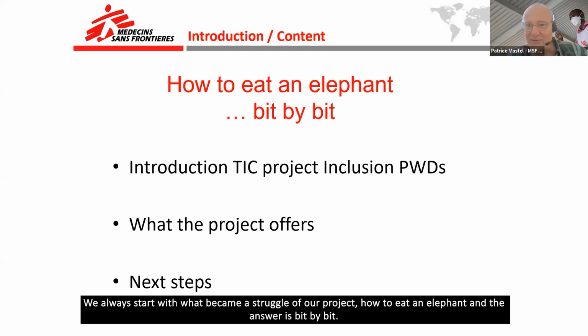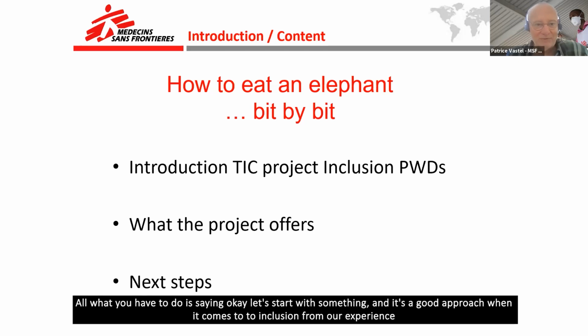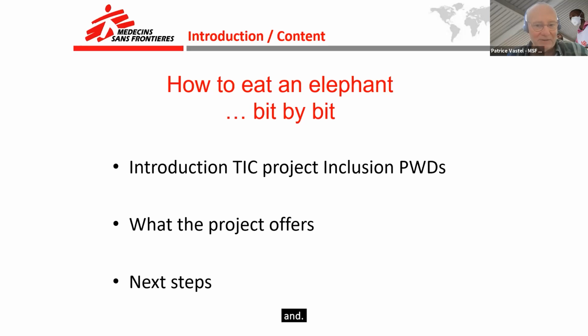We always start with what became the slogan of our project: how to eat an elephant, and the answer is bit by bit. So don't be afraid of any big project on inclusion. Always just start with something. It's a good approach when it comes to inclusion from our experience.